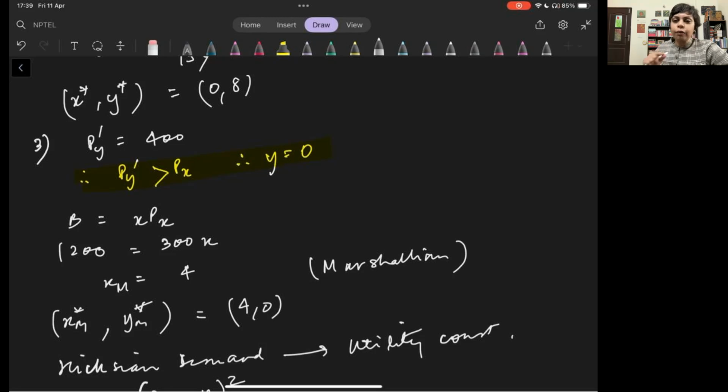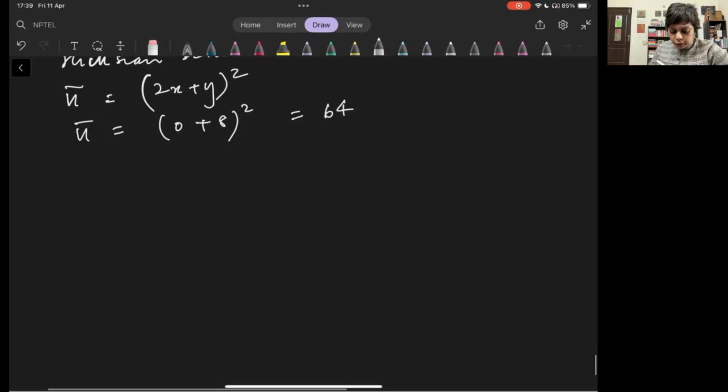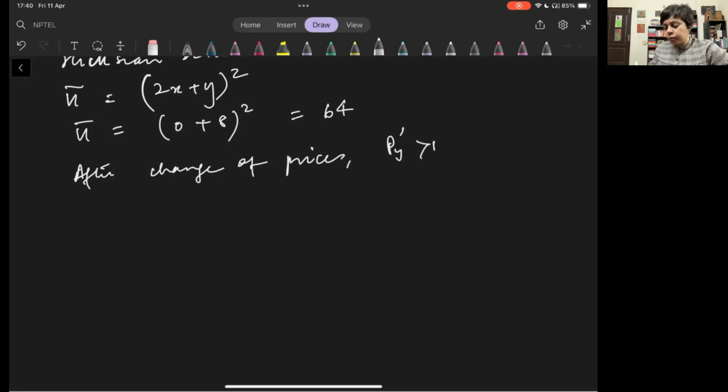But the value of x is going to be different, right? So after change of prices, Py prime is greater than Px, therefore y is equal to 0.